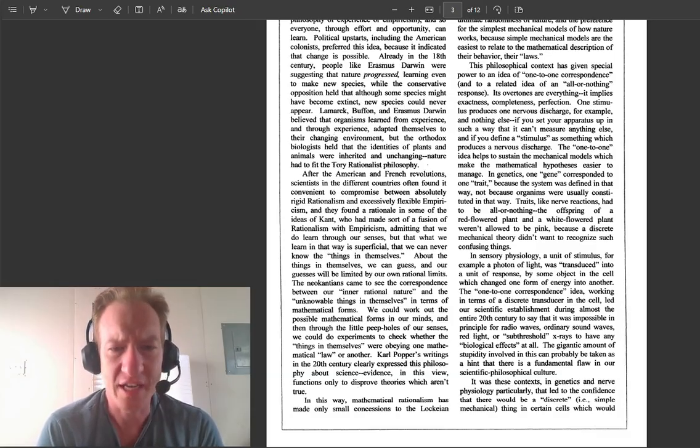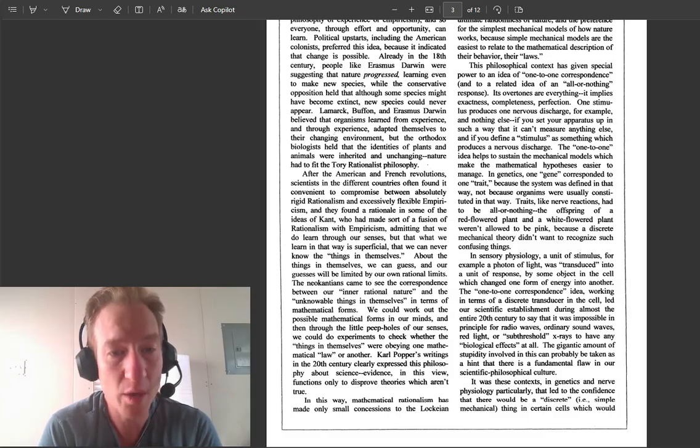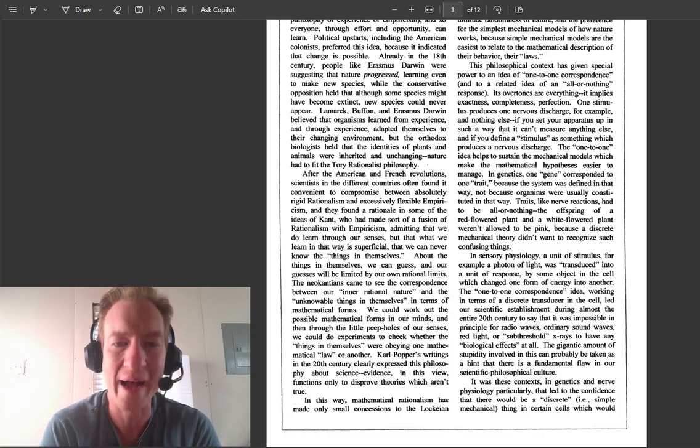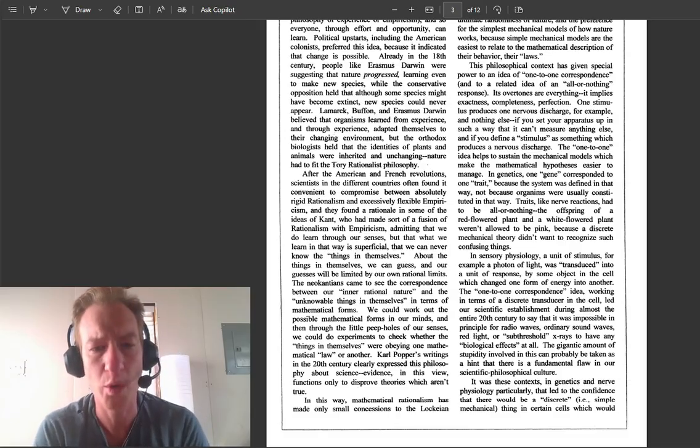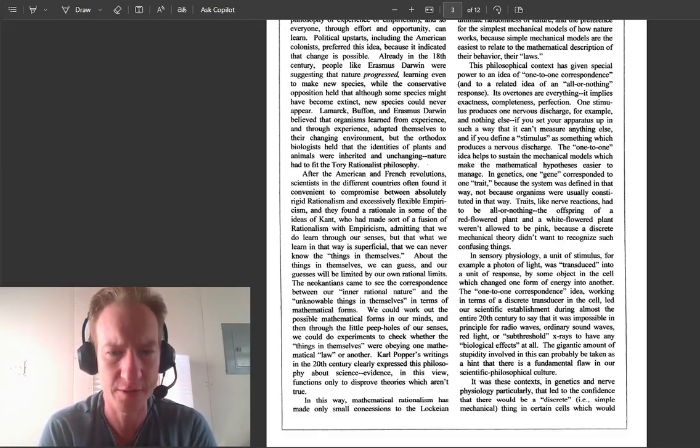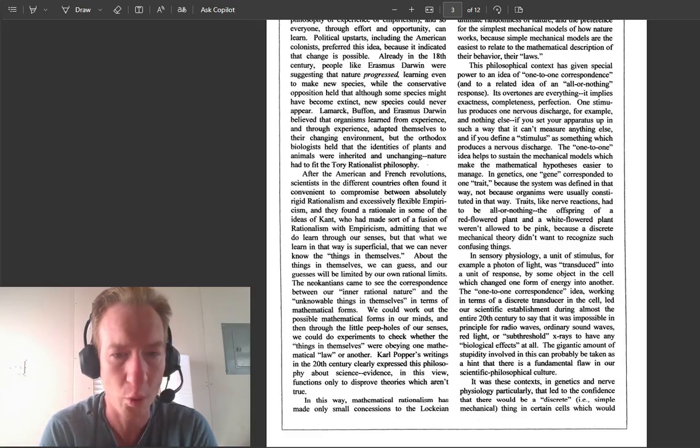About the things in themselves we can guess, and our guesses will be limited by our own rational limits. The Neo-Kantians came to see the correspondence between our quote-unquote inner rational nature and the quote-unquote unknowable things in themselves, in terms of mathematical forms.